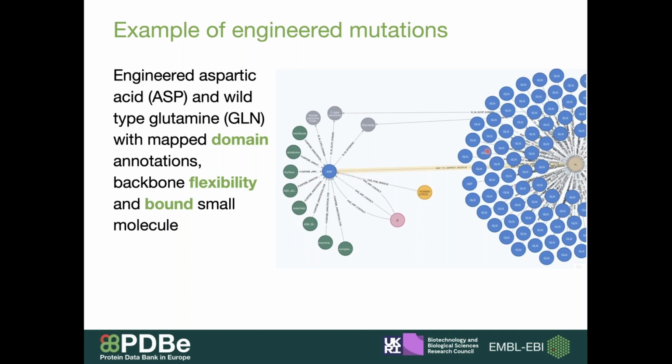All these nodes in green, gray, etc., are the different types of annotations for this engineered residue, which are available in the PDBe Graph Database.